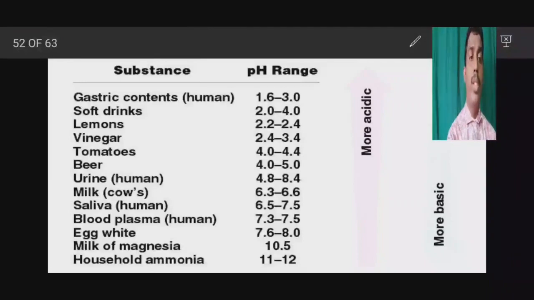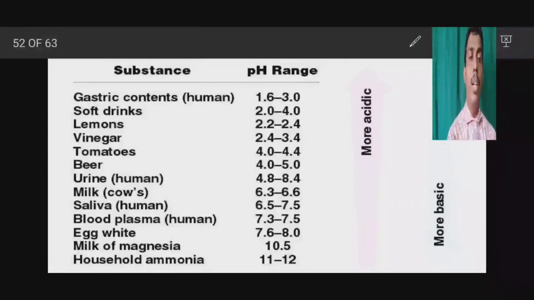Beer varies from 4 to 5. Urine varies from 4.8 to 8.4. Cow's milk varies from 6.3 to 6.6. Human saliva varies from 6.5 to 7.5.